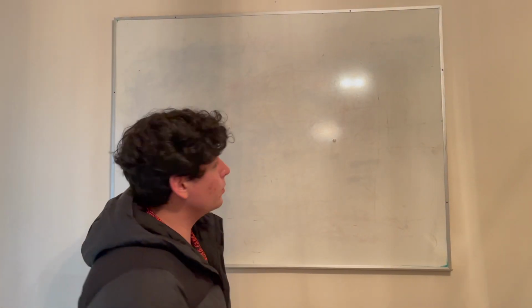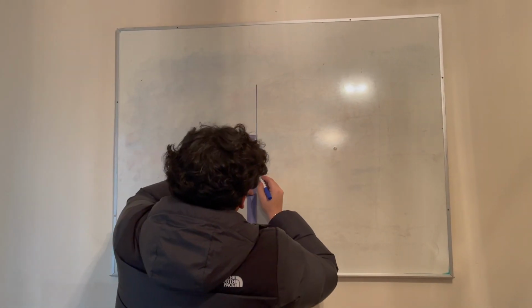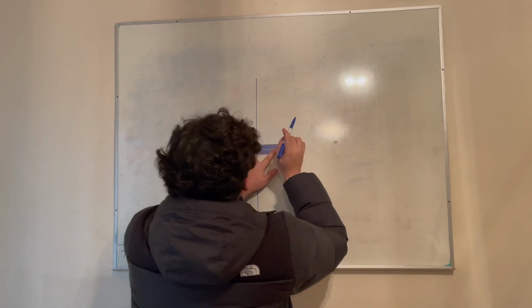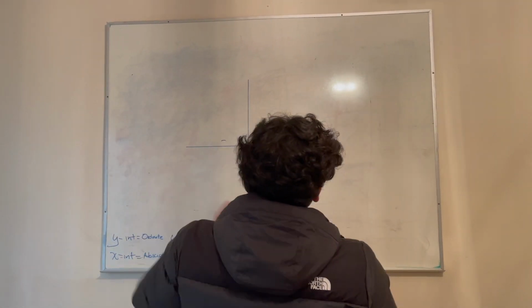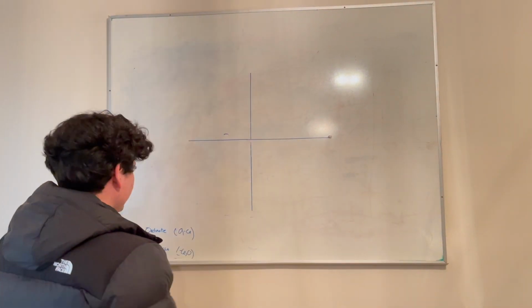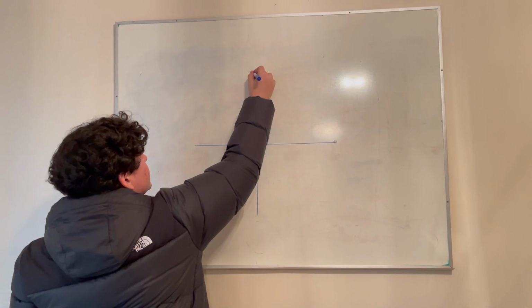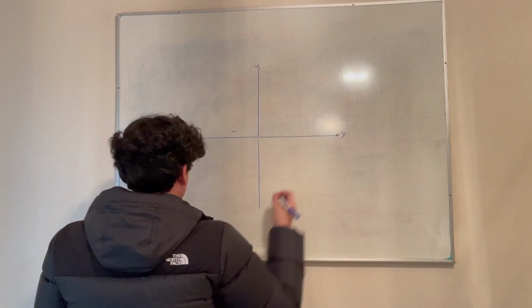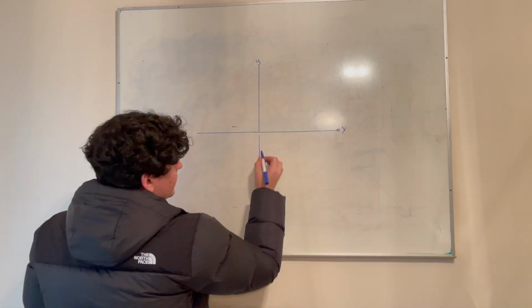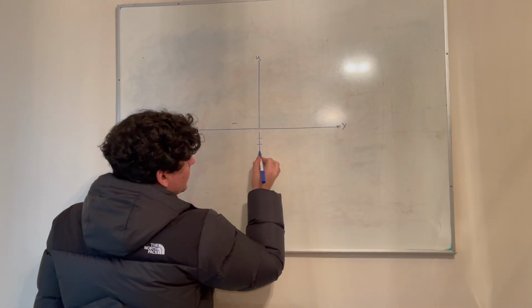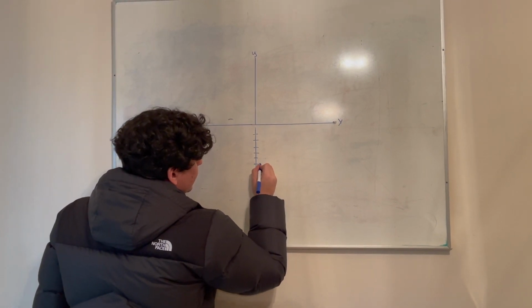You're going to grab your ruler and we can graph. So our y-intercept, that is going to be 0, -6. So we need to count 1, 2, 3, 4, 5, 6. -6.